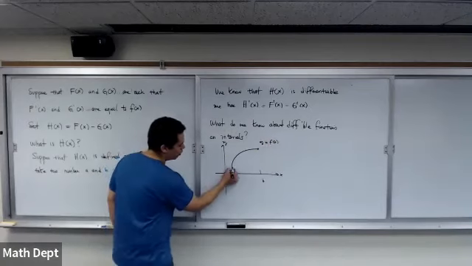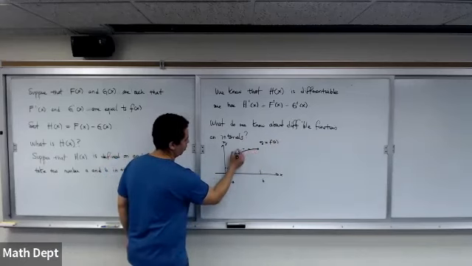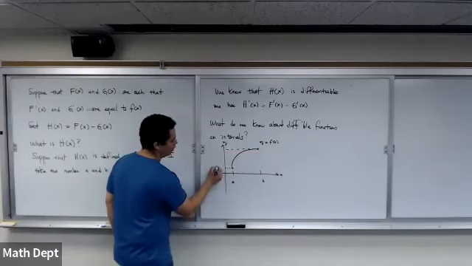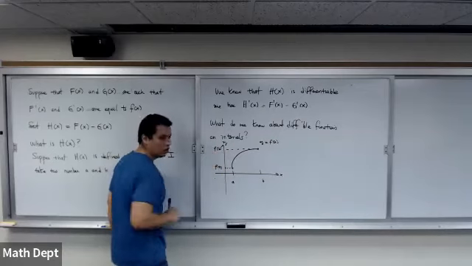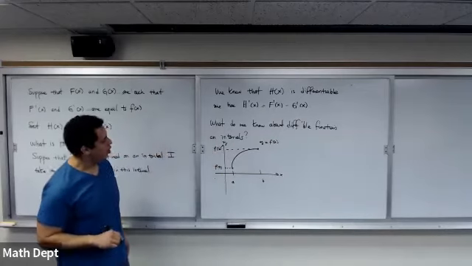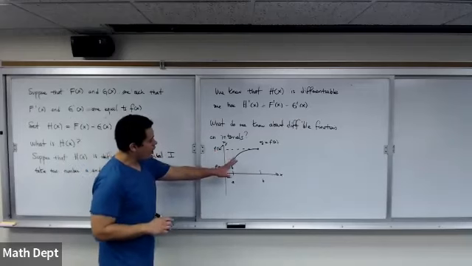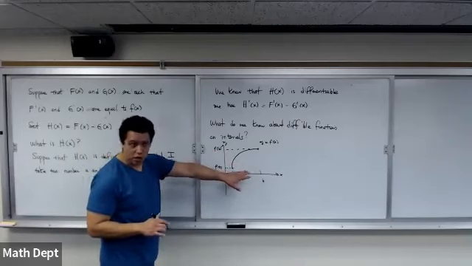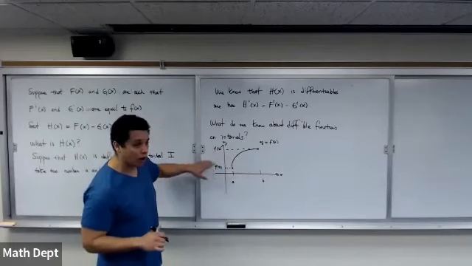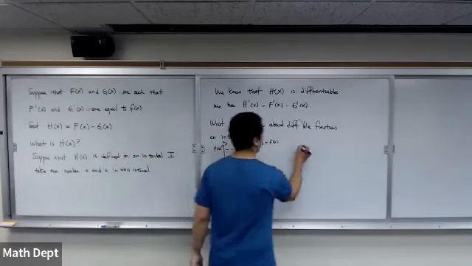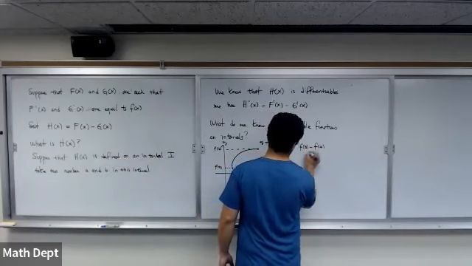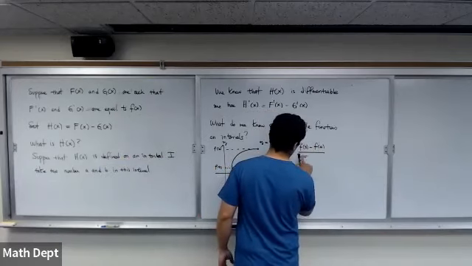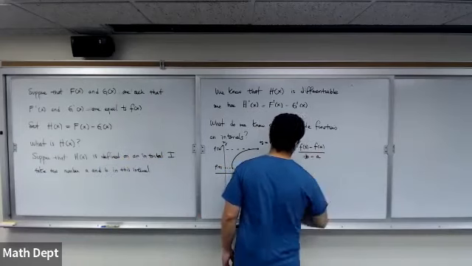So the values that I have in this picture, here I have f of a, here I have f of b. Then I look at the average, the mean of these two values on this interval, meaning the following quotient, f of b minus f of a over b minus a.